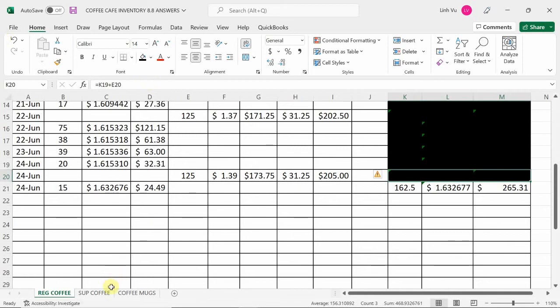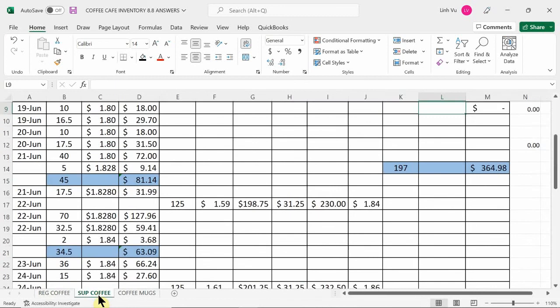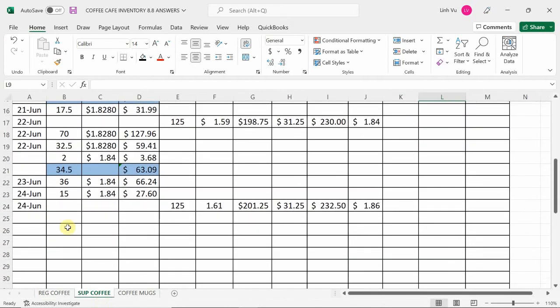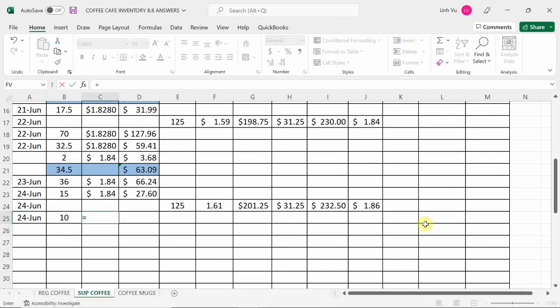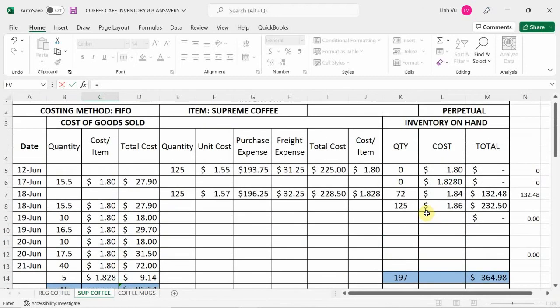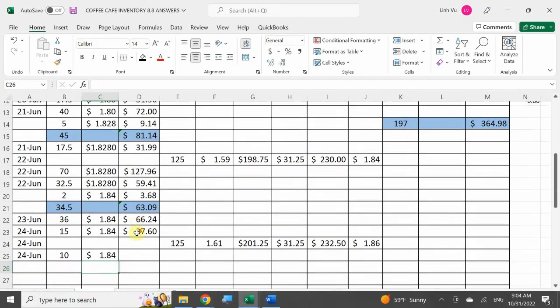Okay, then we gotta go to Supreme. We sold 10 pounds. Now in this case, which batch of inventory are we gonna sell from? From 72 pounds, so it's gonna cost me $1.84.